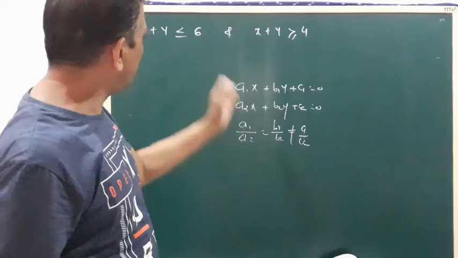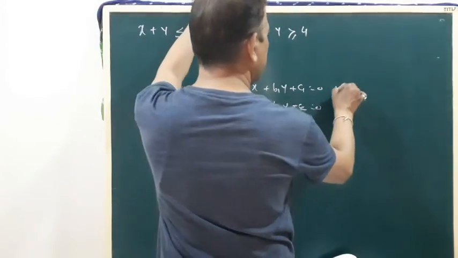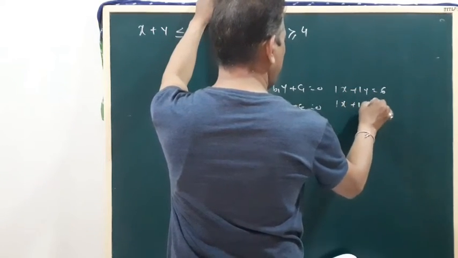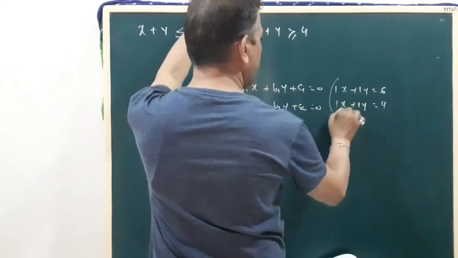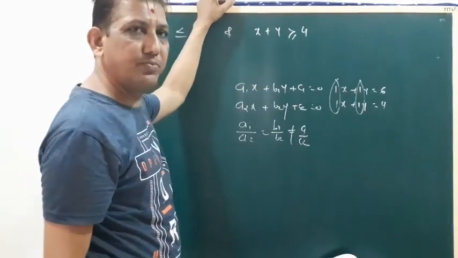Look, in these two equations the x and y coefficients are the same. So 1x plus 1y, 1x, 1y. So a1 upon a2 equal to b1 upon b2, but not equal to c1 upon c2.